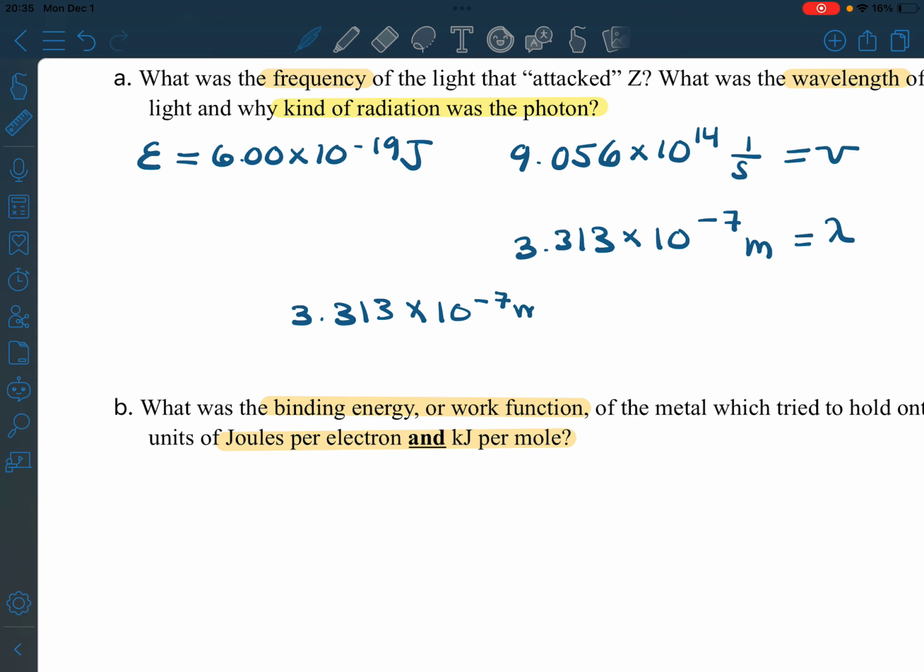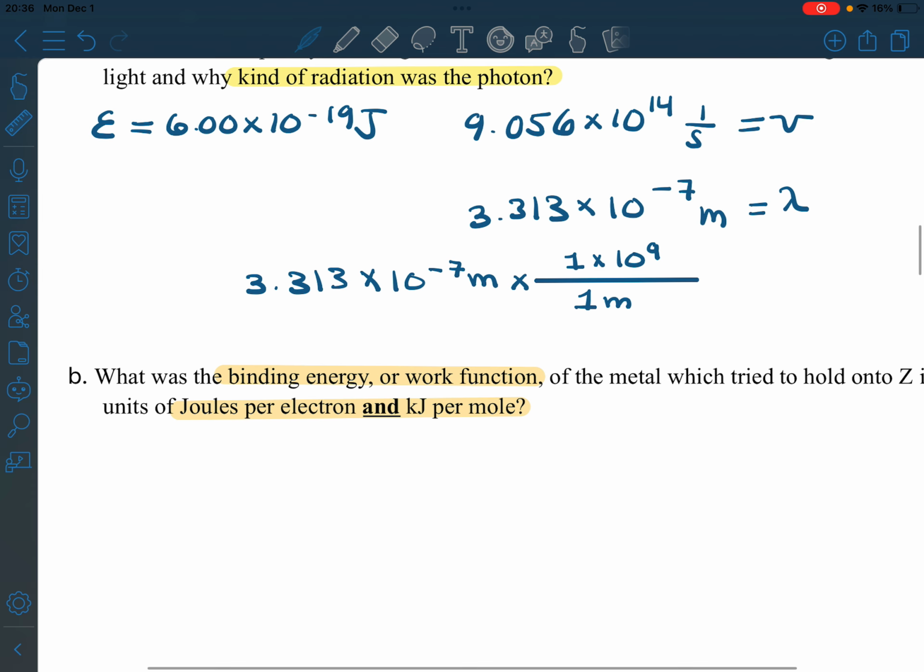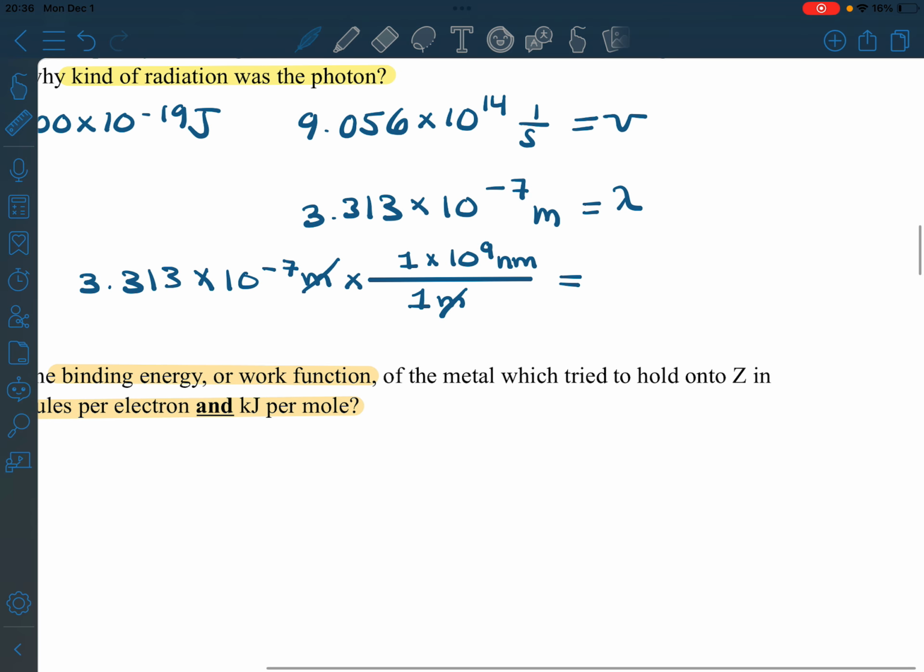So meters, and then I want to cancel out meters, so I'm going to put that on the bottom. 1 meter equals 1 times 10 to the 9th nanometer. So these meters will go away. We're left with nanometers, and that gives us 331.3 nanometers.